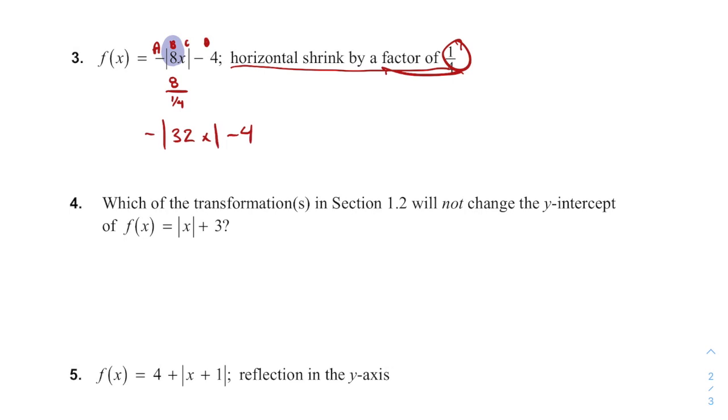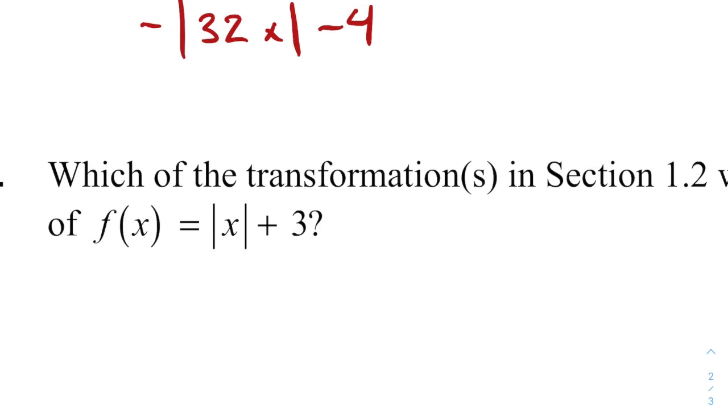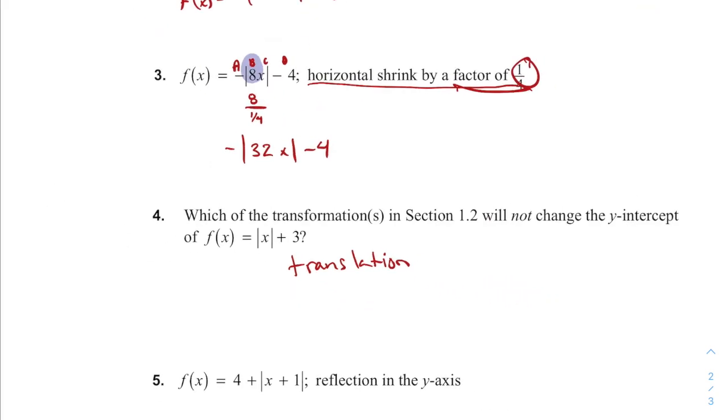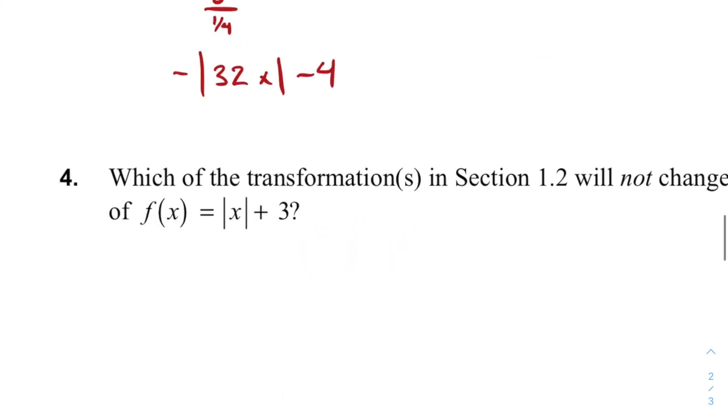But what doesn't change the y-intercept is when you flip it. But shifting it left or right or up or down, so any translation, so moving it up, down, left or right, will change the y-intercept. So the one that's not going to change your y-intercept is flipping it.